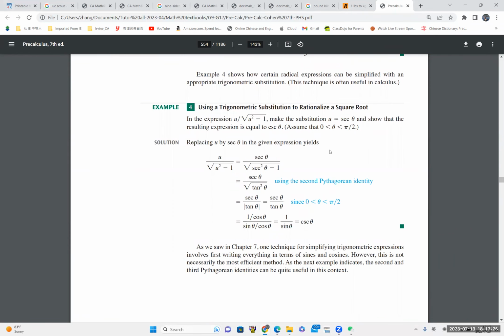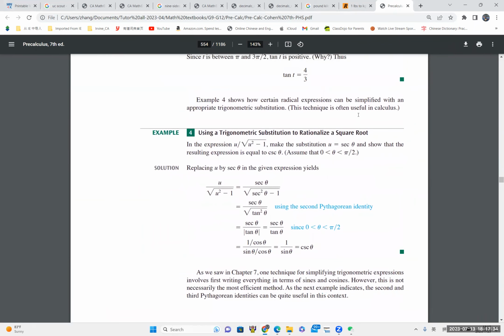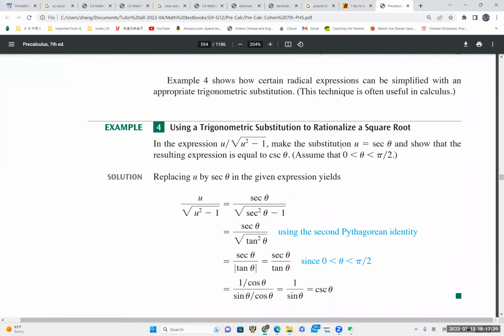I don't think this is something new. To rationalize, here we want to simplify this.